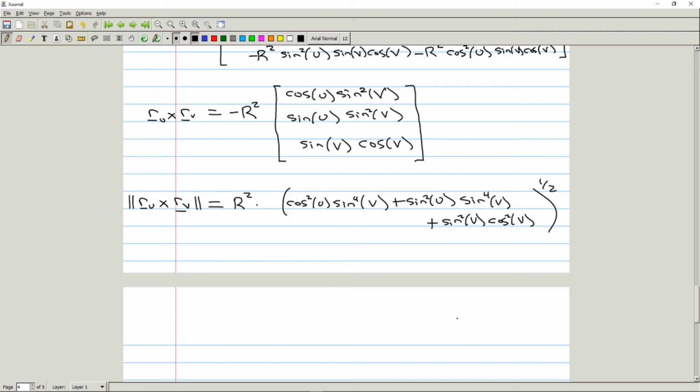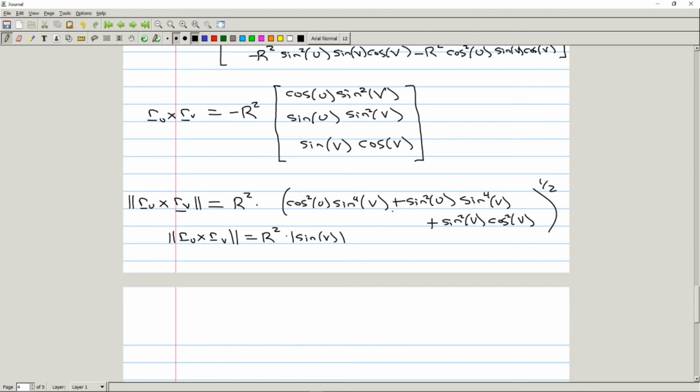You can factor out a sine squared of v from each one of these terms to get that this is r squared times the square root of sine squared, which is r squared times the absolute value of sine of v.